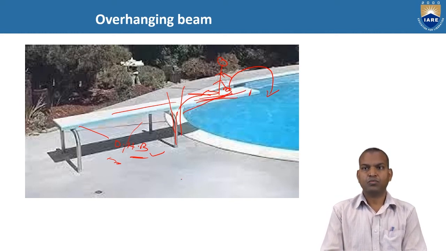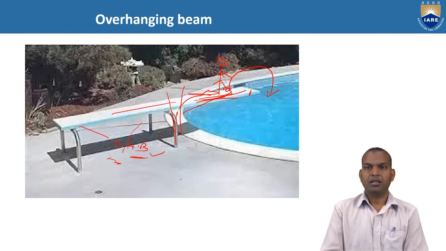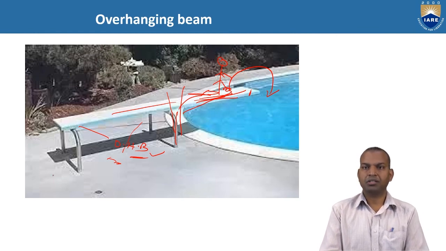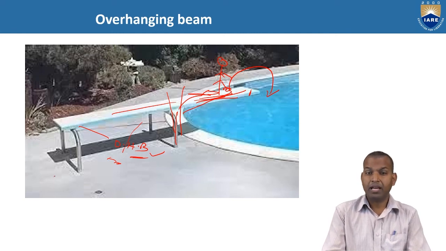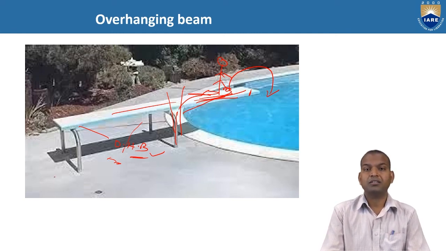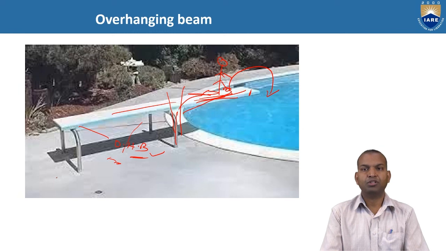So how do we find these reactions? We always study two-dimensional problems, whereas real field problems are three-dimensional. But in our academics, theoretically, we study only two-dimensional problems.